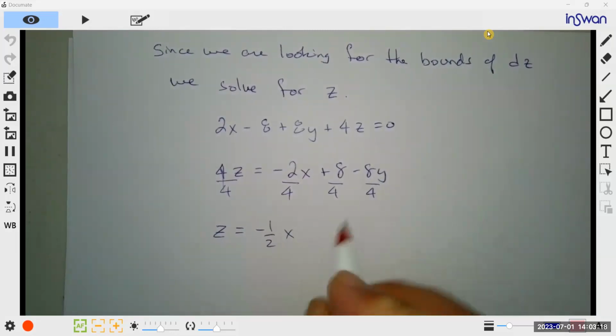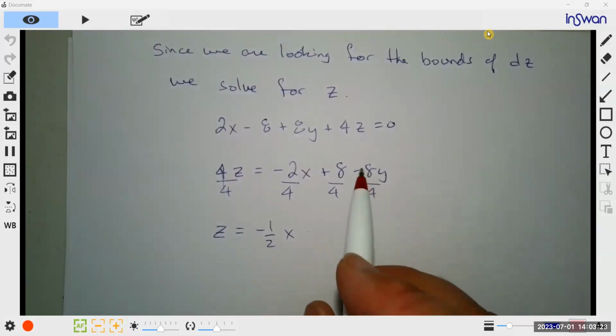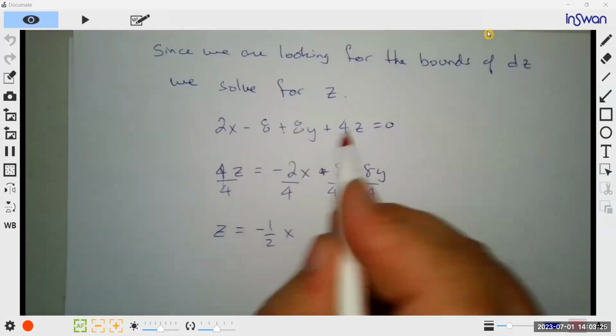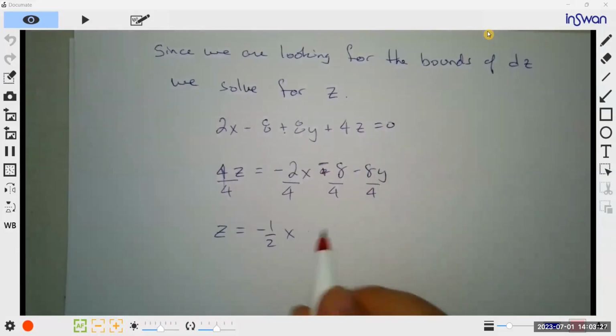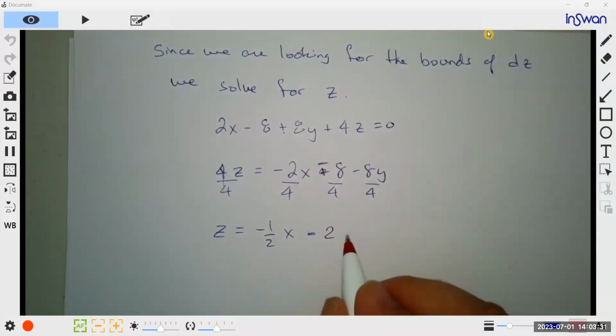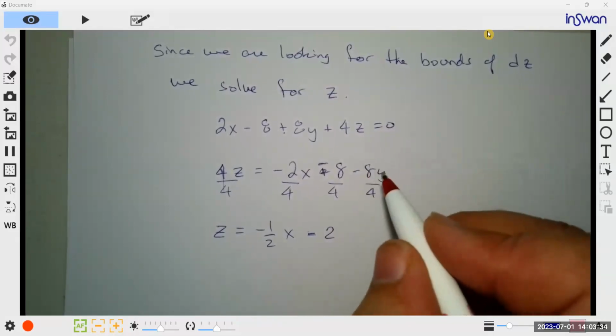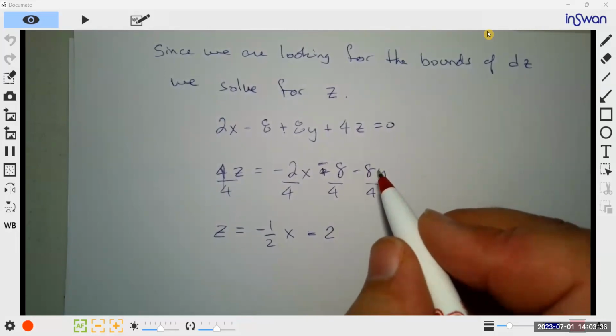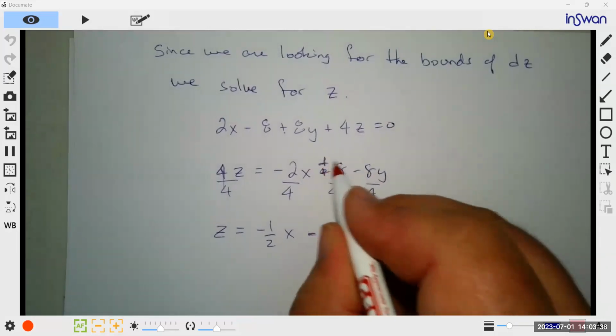Negative 1/2 x. That's a minus, plus let's move it over. Minus 2. No, it's going to be plus. That's the constant.